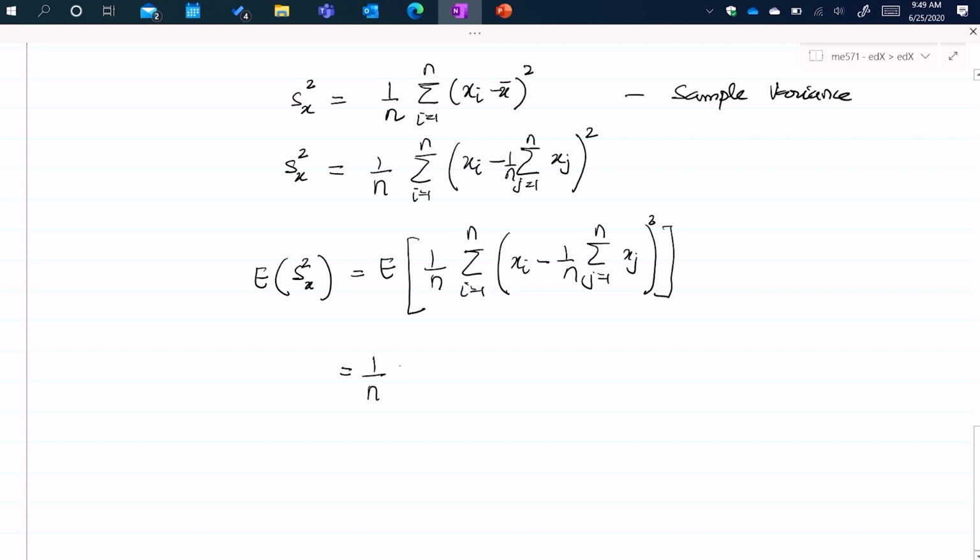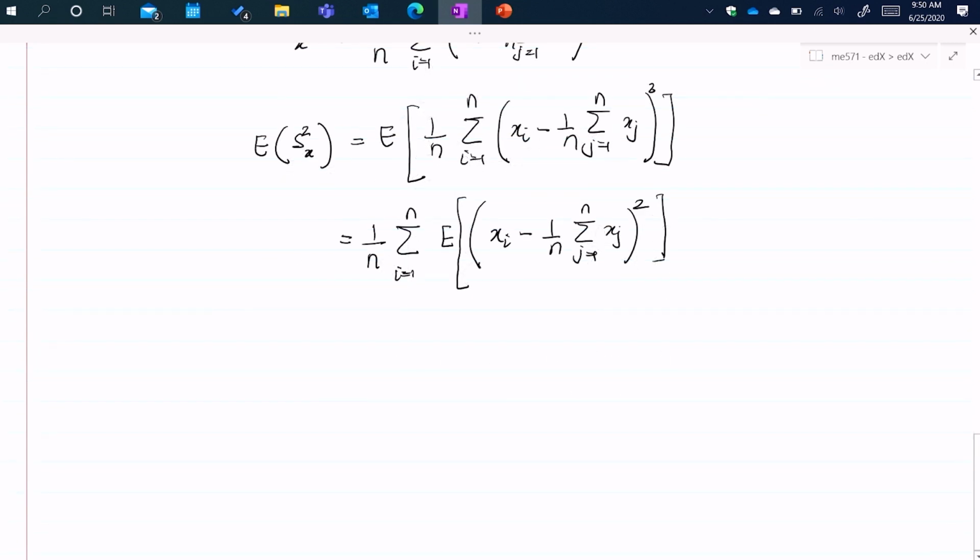So I'm going to write this as 1 over n summation i going from 1 to n of the expected value of xi minus 1 over n summation j going from 1 to n of xj, whole squared.